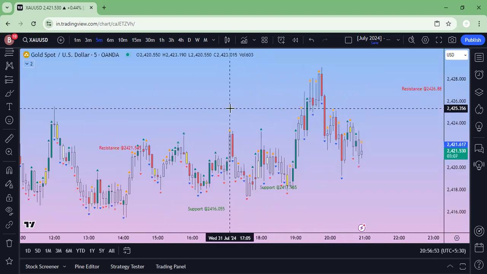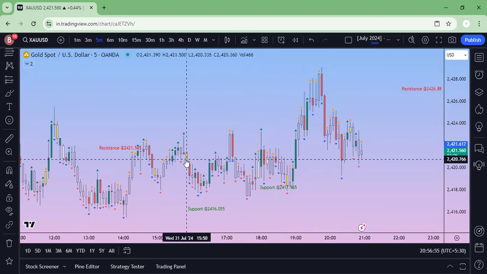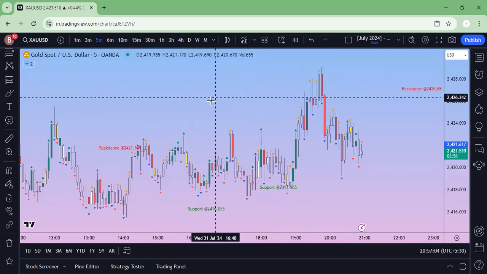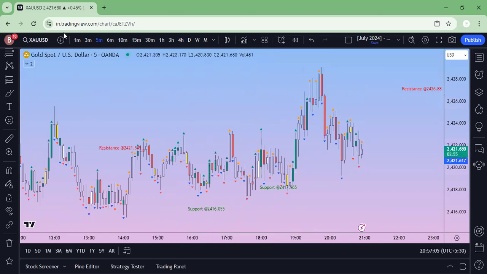So this is what the yellow candles are: candles where either price would continue its trend or price would reverse. These are all game changers.